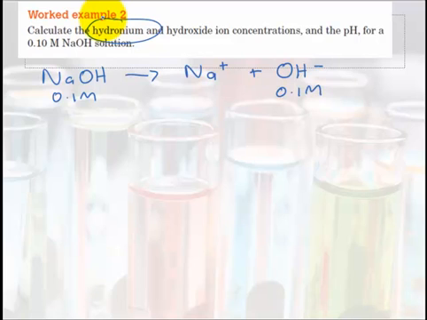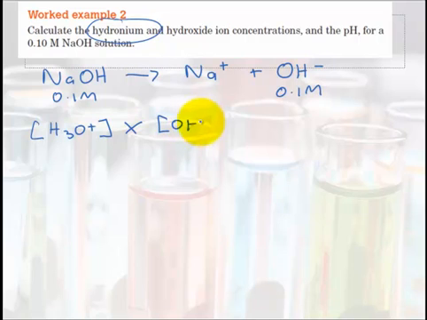And the way in which we do this is by using the formula hydronium ion concentration times hydroxide ion concentration equals 10 to the negative 14. And this will always be the situation.